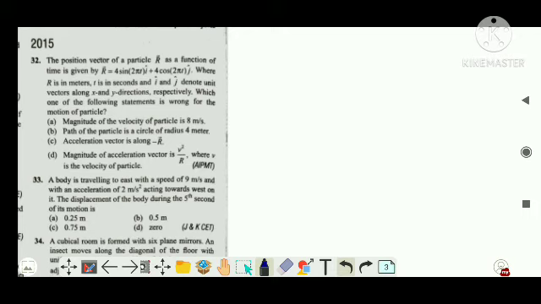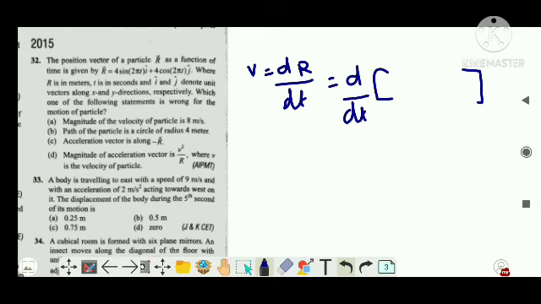I'm not going to write the entire position vector because it is very difficult. Alright, so velocity is what? Differentiation of position or displacement, right? So d by dt of this entire thing. Now what will be the differentiation of this term? You guys can actually do it in a fraction of a second. How?